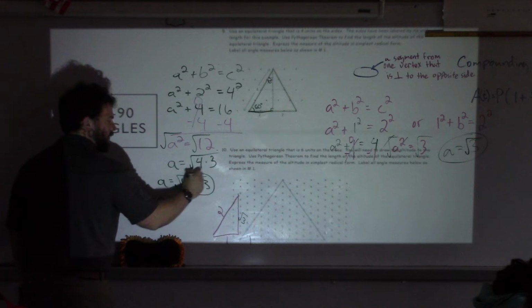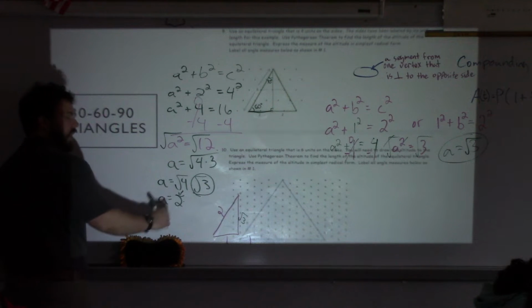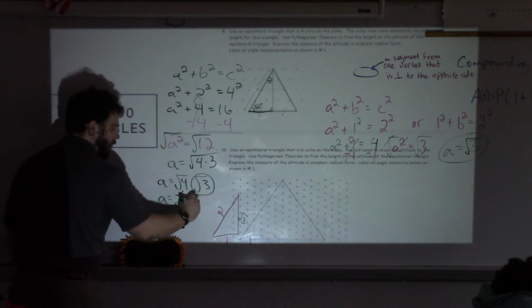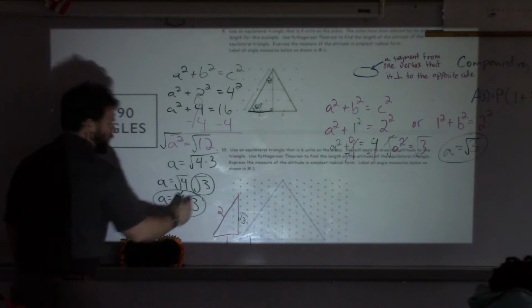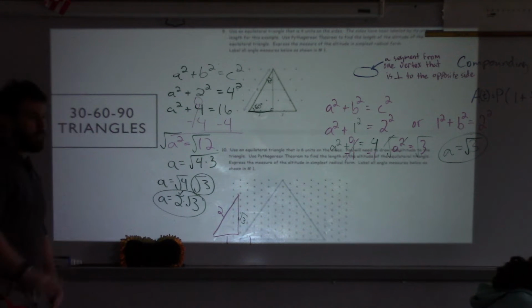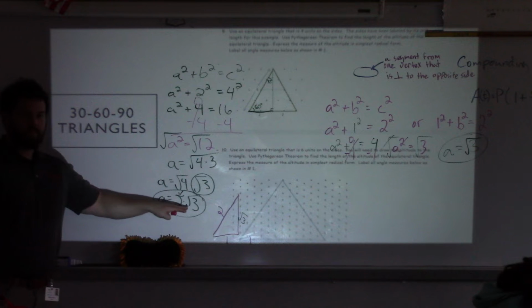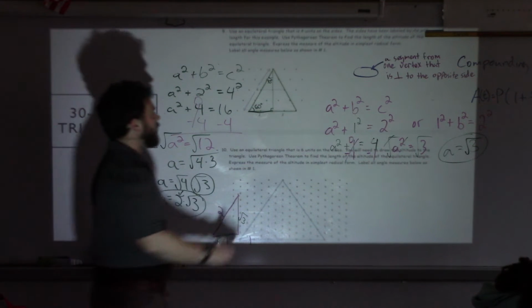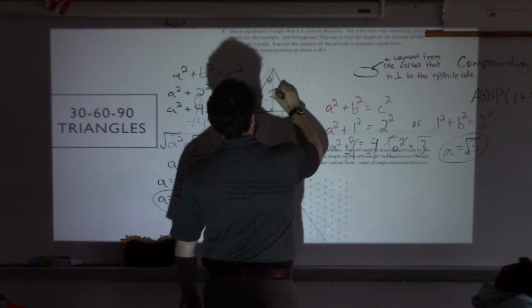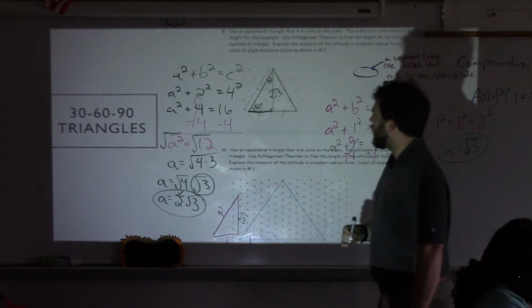What's still left? 3. So times square root of 3. Okay, but you are one person out of 25. I was waiting for other people to get there, Rose. So, we want to recognize that it's 2 square root of 3.